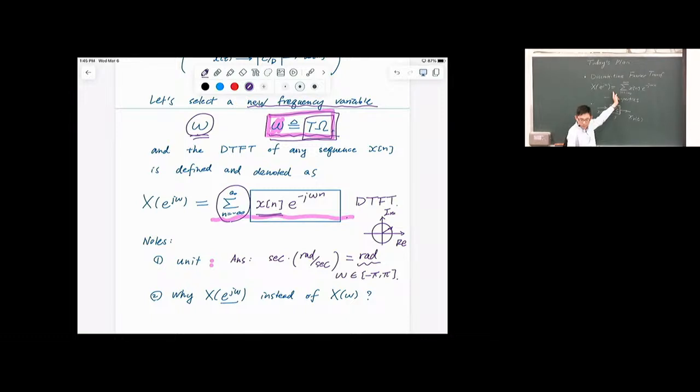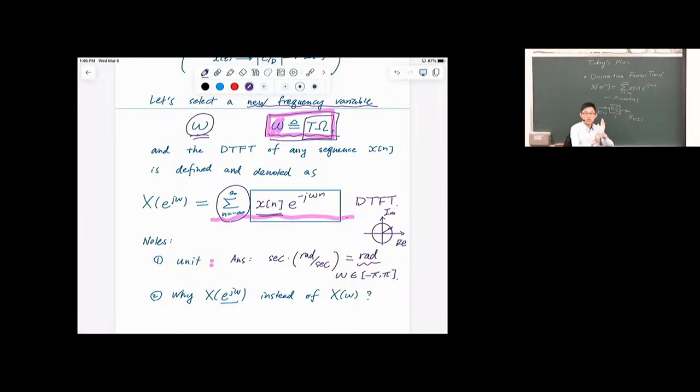But then I want to point out that when we say this small omega is from 0 to 2 pi, it goes around the unit circle. I want to share with you that often in my mind I automatically translate how many hertz omega really corresponds to.